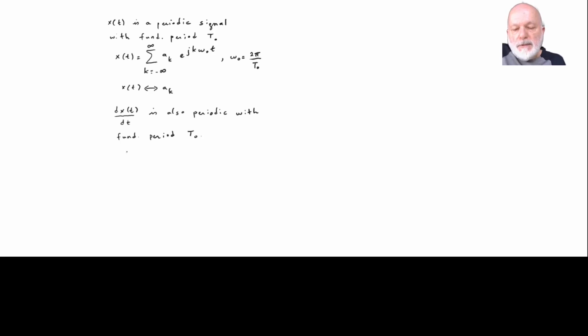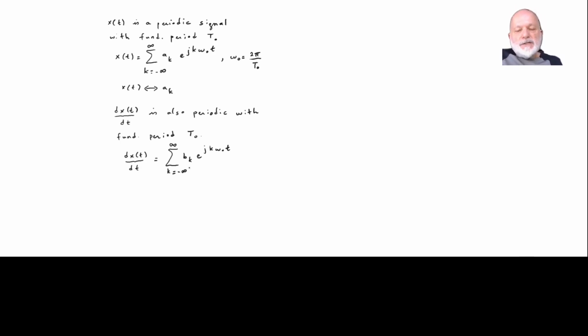Therefore, dx by dt, the derivative of x of t, will also have a Fourier series representation. Let us call the coefficients bk: bk e to j k omega 0 t, k running from minus infinity to plus infinity.